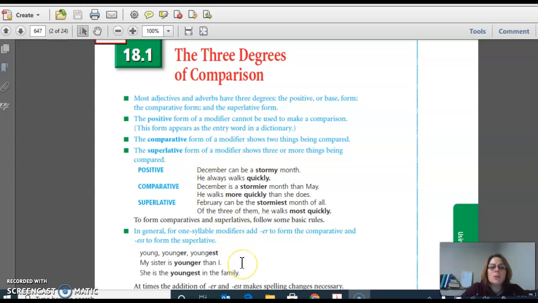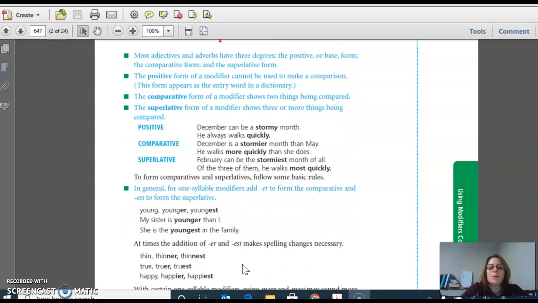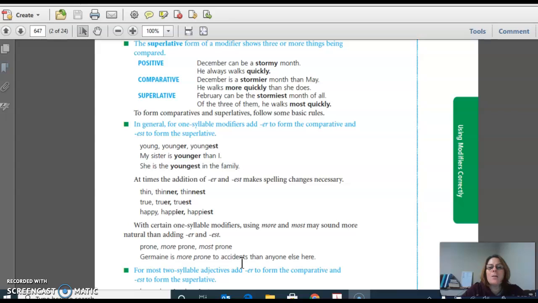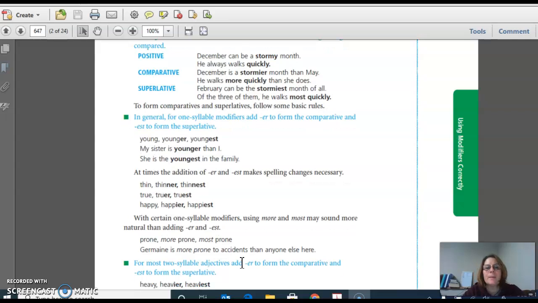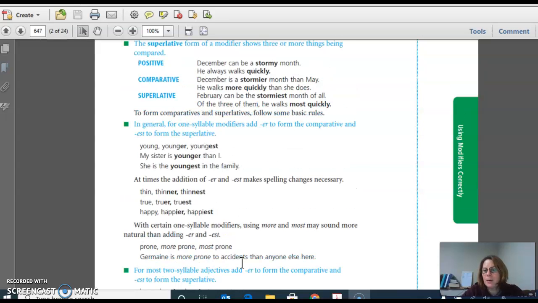In general, we want to just add the ER or the EST form for most one syllable modifiers, like younger to youngest, that sort of thing. Sometimes, like we said earlier, you have to make a change. Like with stormy to stormier, we had to drop the Y and add IER.